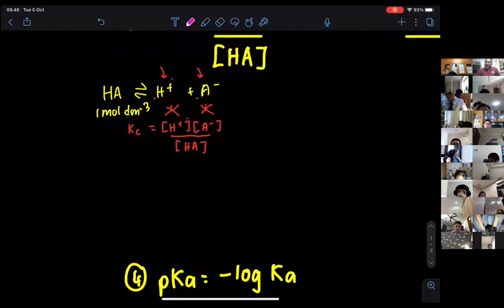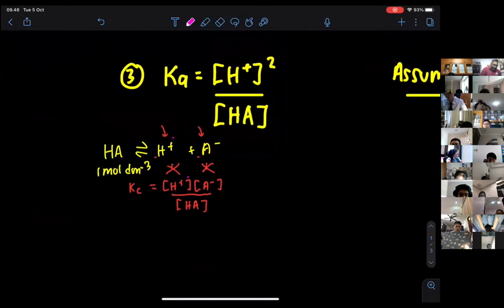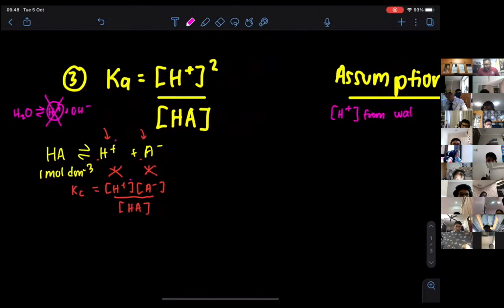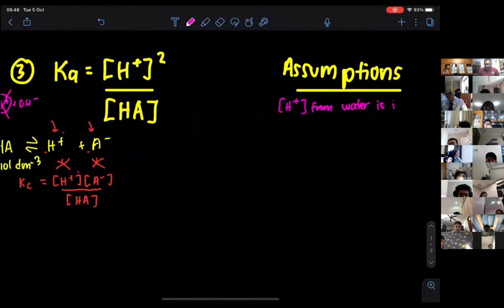But I know an acid can only behave as an acid when there is water, and water also gives me H plus. But when I apply this formula, my assumption is that H plus from water is non-existent, it is ignored. That is the first assumption. It means this is not accurate, but we have to make that assumption.